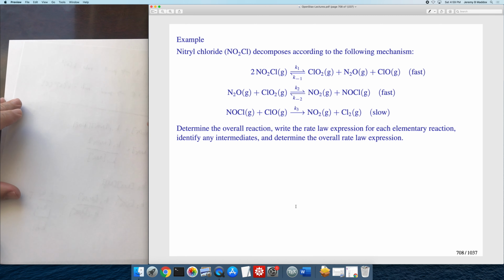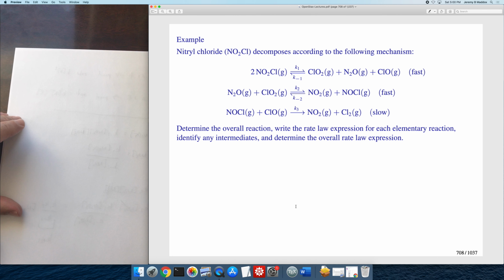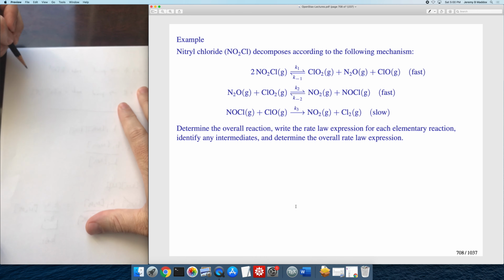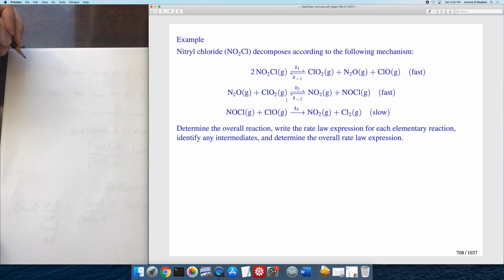Every valid mechanism should allow you to derive the stoichiometric reaction by simply adding together all of the species. So I'm going to take all of the reactants and put them on one side of the chemical equation, take all of the products and put them on the other side, and watch species cancel out.